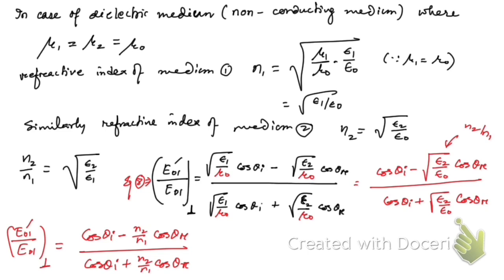Now we're going to use Snell's law, right? So according to that, using Snell's law, here we should get n2 by n1 equal to sine theta I by sine theta r.